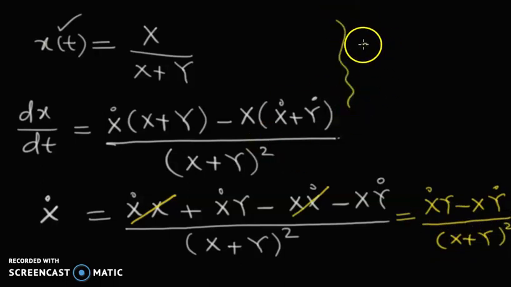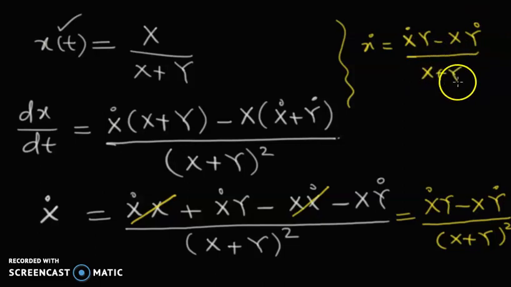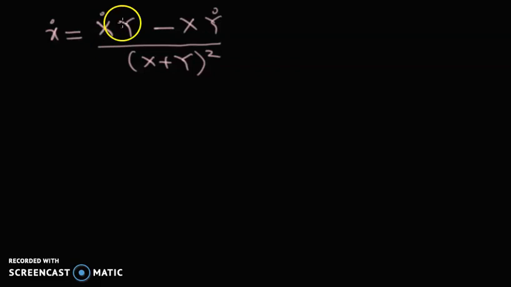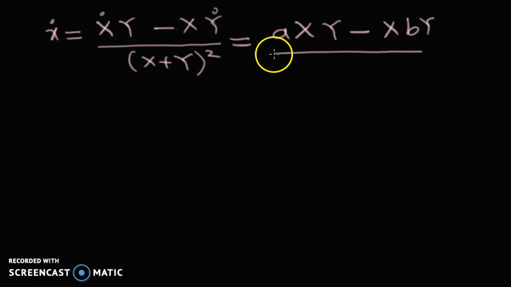So x dot is equal to x dot y minus x y dot divided by x plus y whole squared. But we know that x dot is equal to a times x, and y dot is equal to b times y, all of this divided by x plus y whole squared.